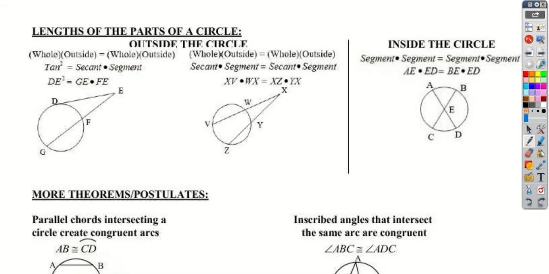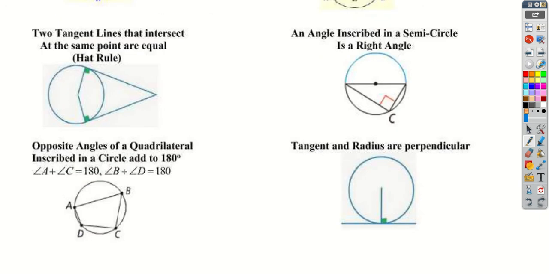Now, the second one is on the back of the sheet on the bottom, and it's this one. If we have a quadrilateral that's inscribed, meaning it's all the way inside a circle with vertices on the circle, the opposite angles have to add to 180 degrees. And here is why. Angle A creates this intercepted arc from D through C to B, and angle C creates this intercepted arc that goes from B through A to D. So these 2 arcs make up the entire circle, which is 360 degrees, and these angles are always half of that.